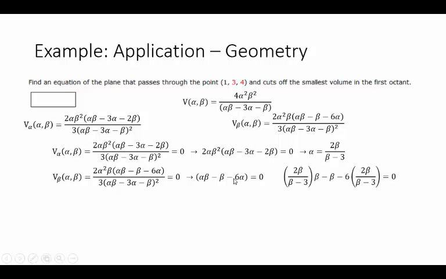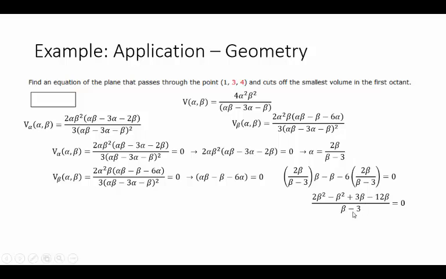And so in effect, we're trying to figure out alpha and beta where both v sub alpha and v sub beta are equal to 0. So if we do that, all the alphas are gone, just a function of beta. Let's solve for that by finding common denominators, beta minus 3, and then combine the numerator. And then we're going to set the numerator equal to 0.